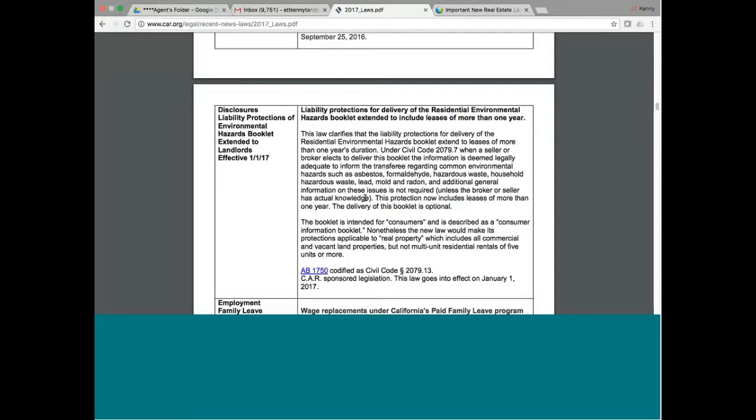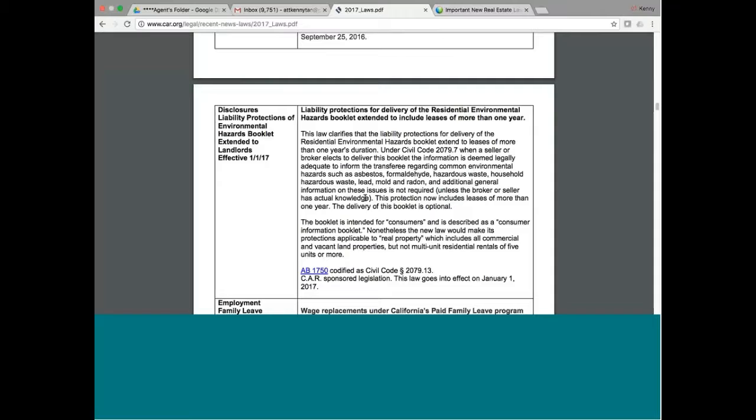You say, no, you can't sue me because I gave you this booklet. Does this booklet shield you from liability if you missed the area under the kitchen sink and there was mold under the kitchen sink? I don't think so. I think you should still be liable. So I guess it doesn't really give you a lot of protection.